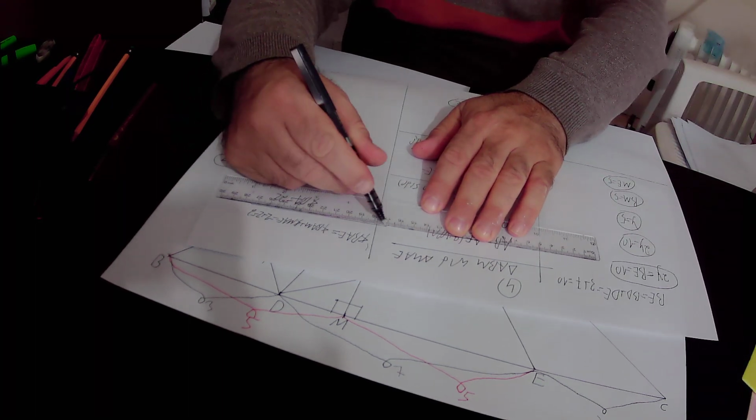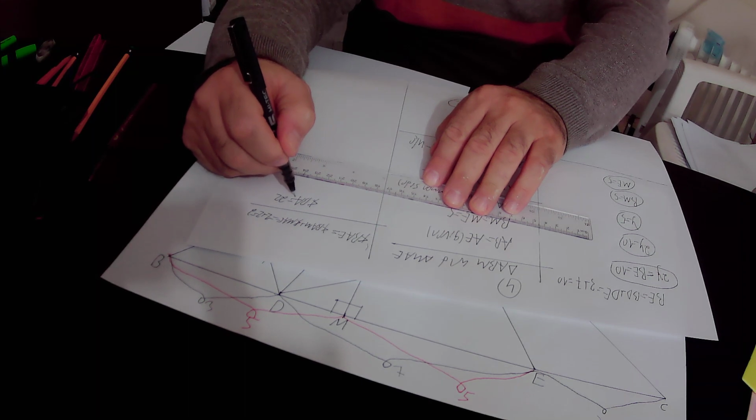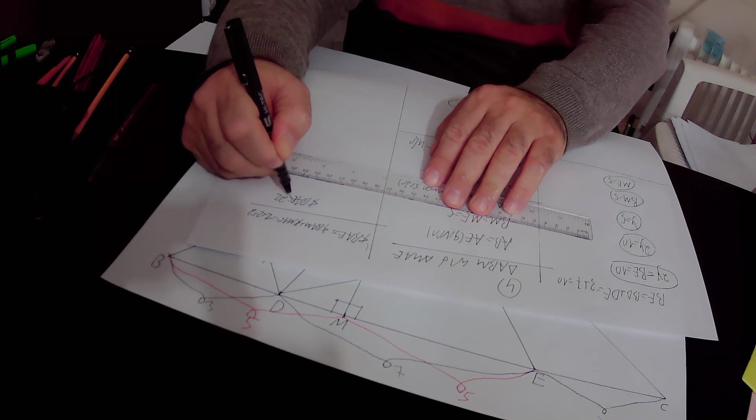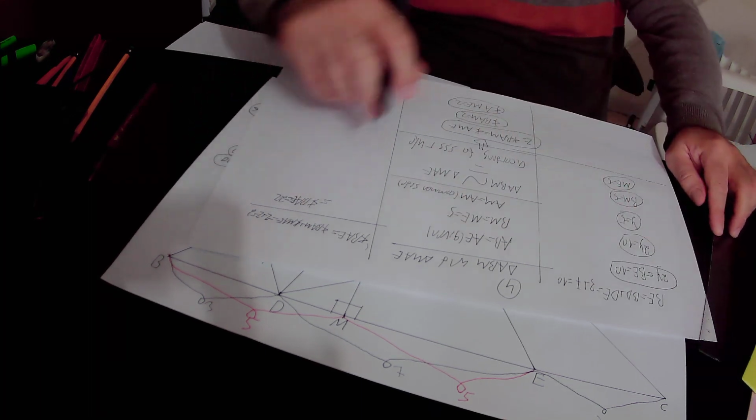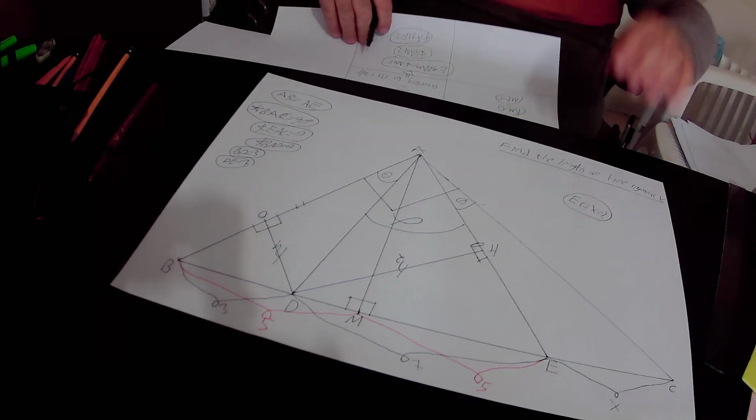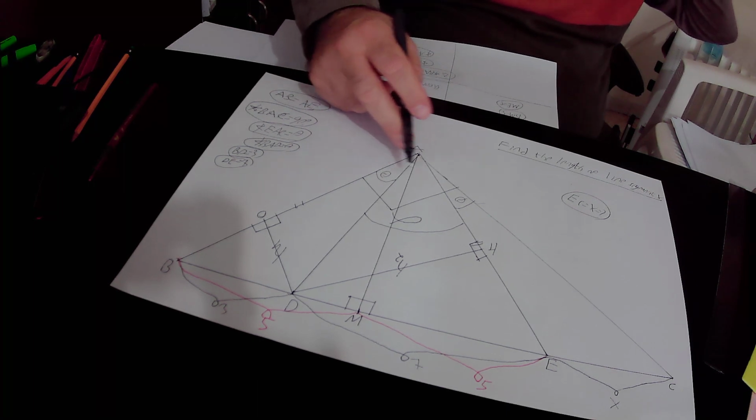and from the other side angle BAE is equal to theta plus alpha.